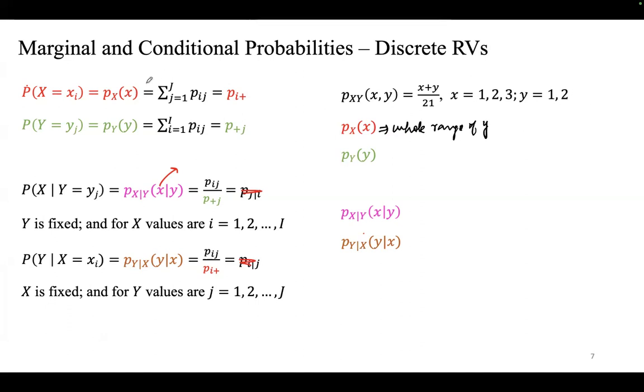This expression was summing up, so we will write (x plus 1) divided by 21, and then sum up the other option, (x plus 2) divided by 21. If you solve this, you're going to get (2x plus 3) divided by 21. Okay, so now what does this tell you?